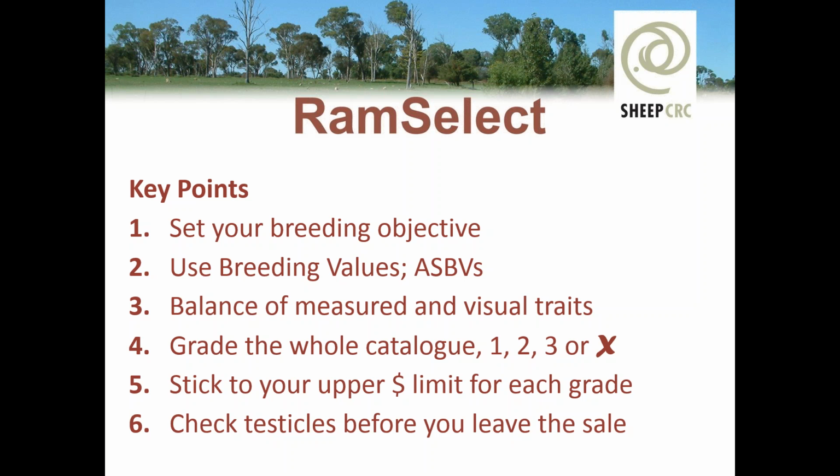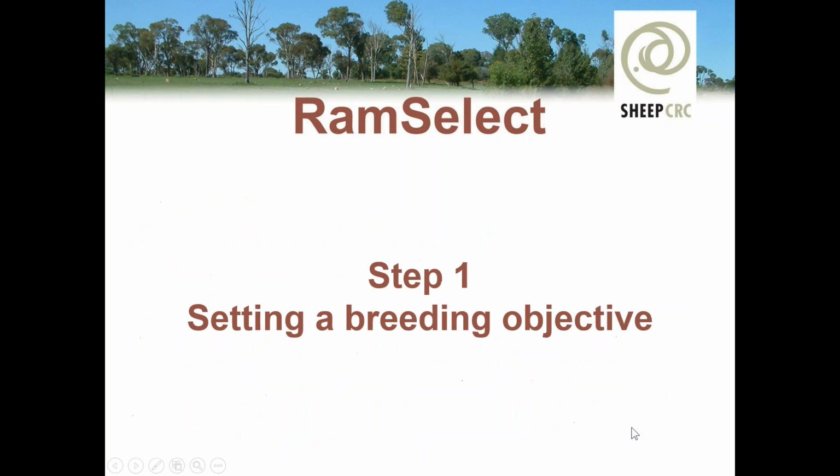So we need a process to be able to select what we want but meet the market in the end. And then is part 5, where we're setting up a price limit for each of the grades. And then the practicality of taking them home, you've got to have rams that are fit. Hopefully your ram supplier has done that job well, but even at the last moment you should do that check.